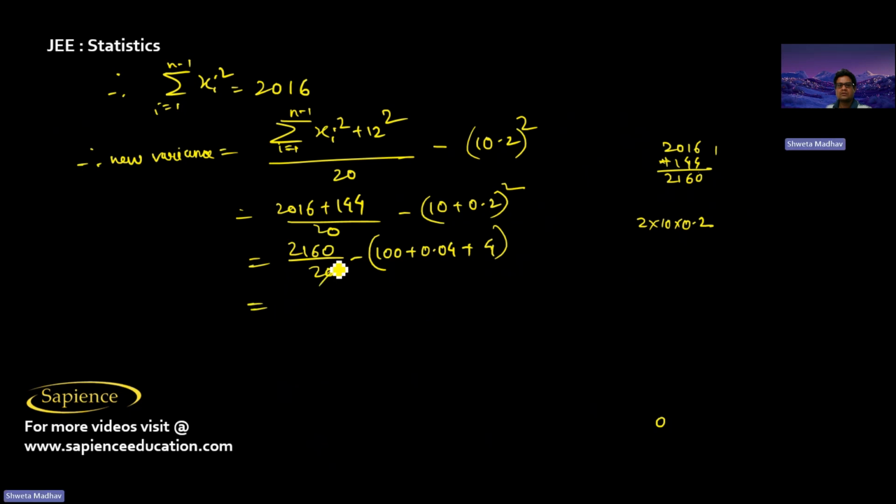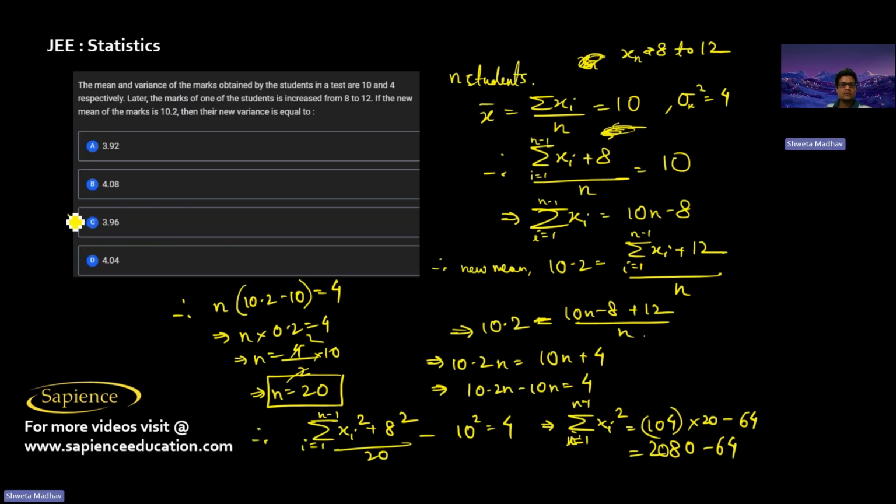So this is 108 minus 104.04. If you subtract, this will be 3.96. Option C is the correct answer.